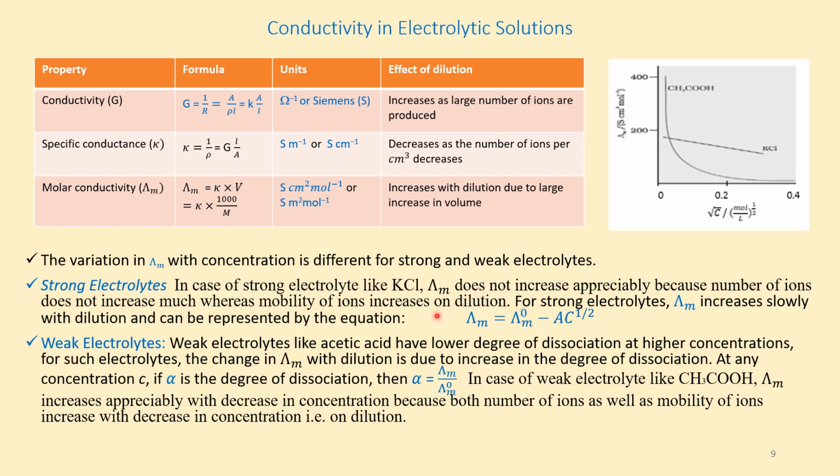Thus, NaCl, CaCl2, MgSO4 are known as 1-1, 2-1 and 2-2 electrolytes respectively. All electrolytes of a particular type have the same value for A. Here, A is a constant. It is a slope.